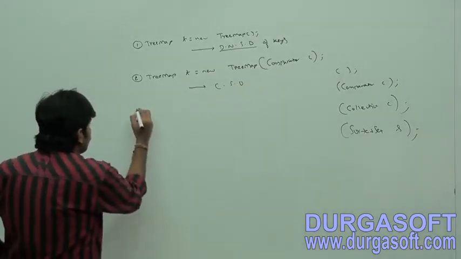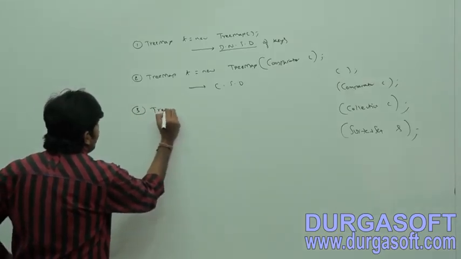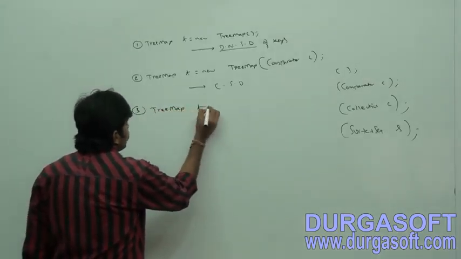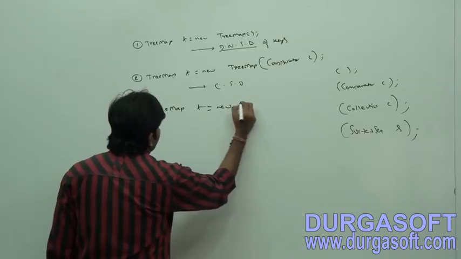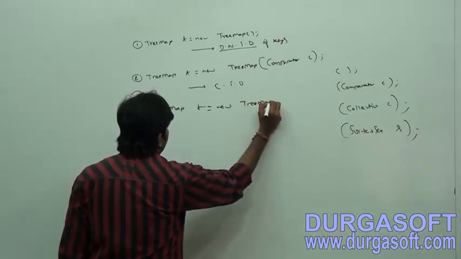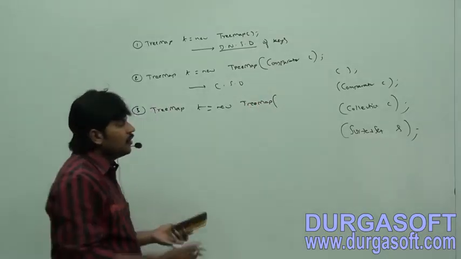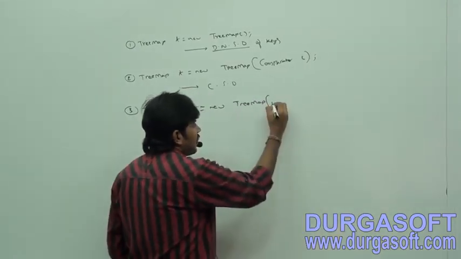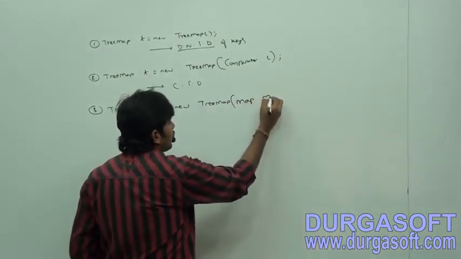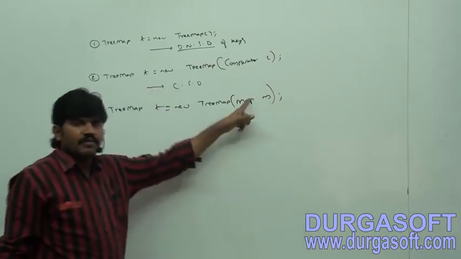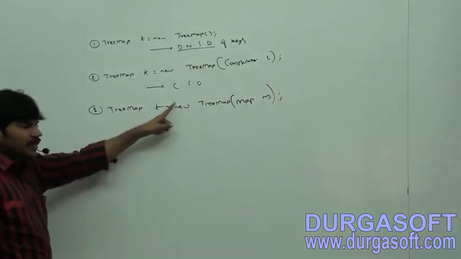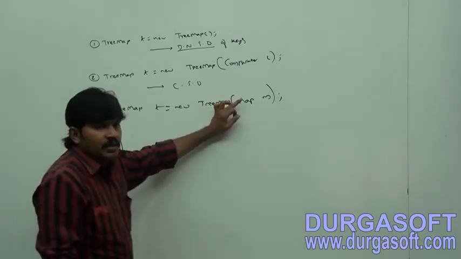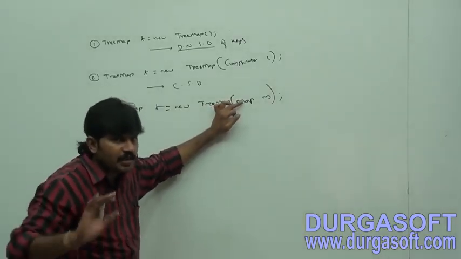Third constructor: TreeMap t = new TreeMap(Map m), for interconversion between map objects. It's not a collection, it's a map object. For the given map, it creates an equivalent TreeMap. It may be a HashMap, LinkedHashMap, IdentityHashMap, any map object.